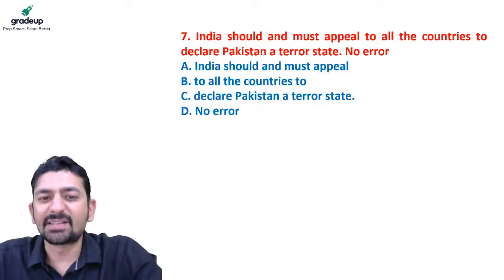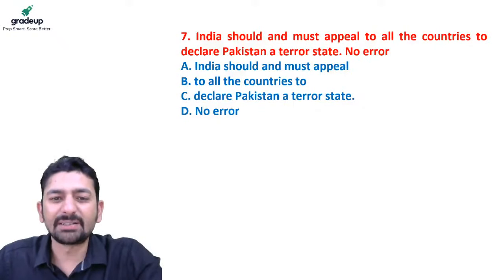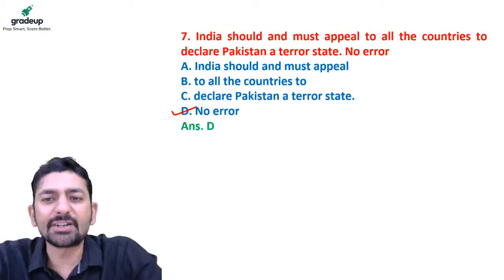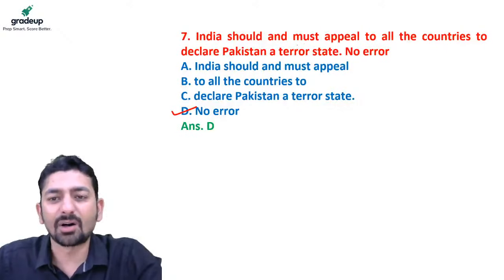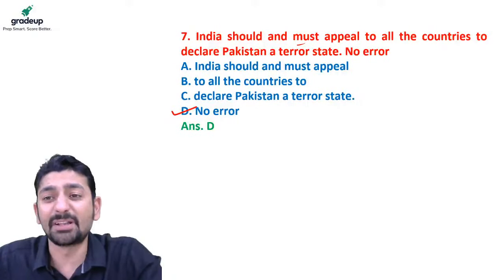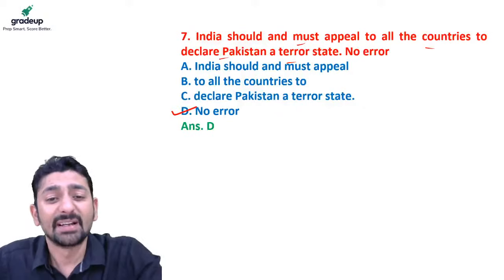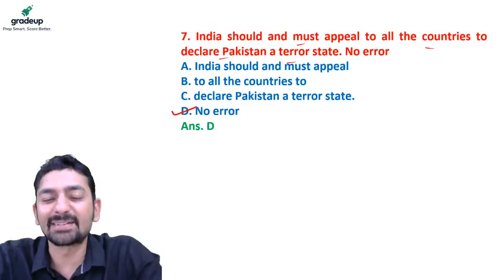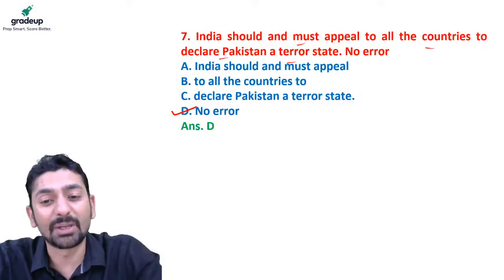People are saying error is in part A. Now, this one, there is no error. The sentence is absolutely right. India should and must appeal. Absolutely, there is no error in this sentence. It can be said like this. Okay, no error. Absolutely, the usage is completely okay.